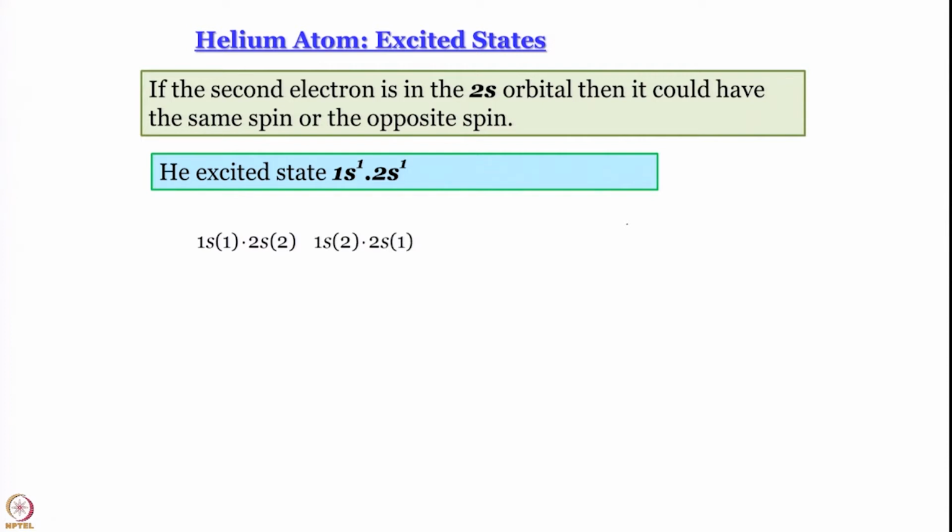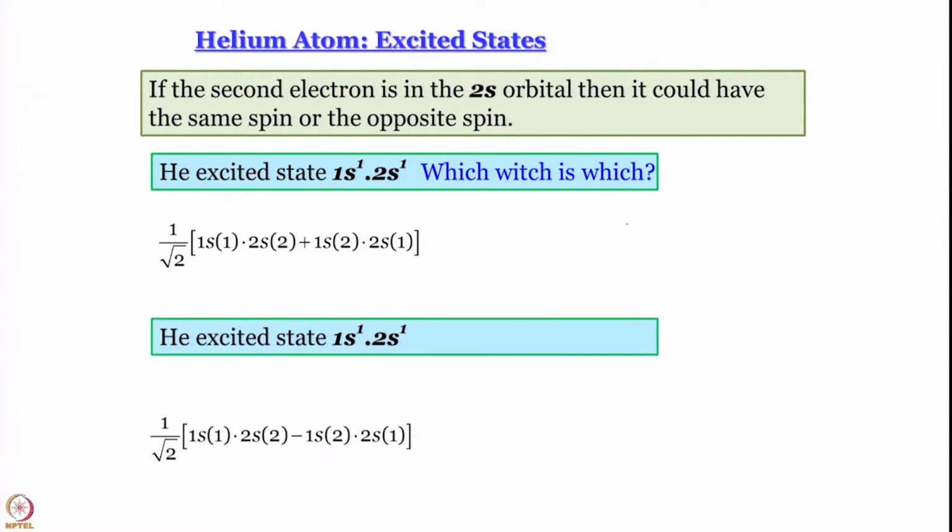We must write 1s(2) 2s(1) as well, and then, as we have done in the earlier scenario, we have to take plus and minus combinations of these two wave functions. Since we cannot say which is which, again this is becoming a cliche, we have to consider this wave function with a plus sign and also this wave function with a minus sign.